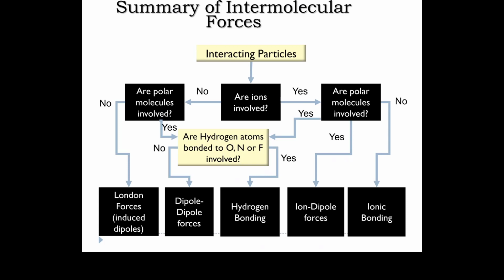Do I have ions, yes or no? Do I have polar molecules, yes or no? Do I have nitrogen, oxygen, or fluorine bonded to hydrogen, yes or no? All the questions that we would ask ourselves from a common sense point of view, but this gives you a nice pathway to do that if you're the kind of person that likes that, okay?